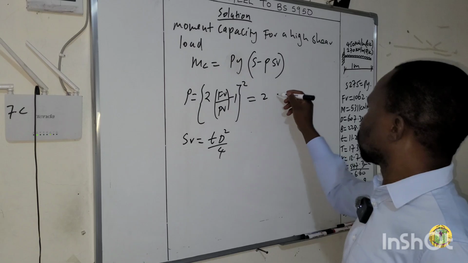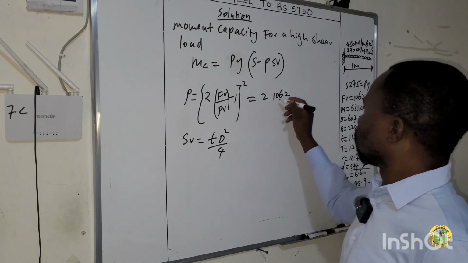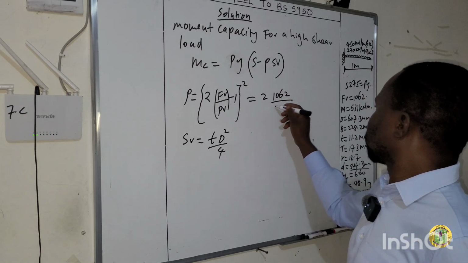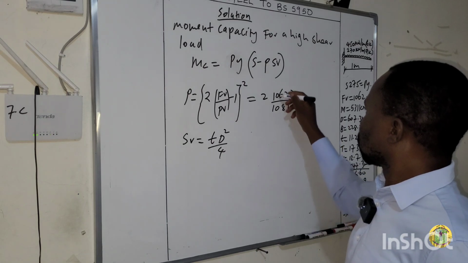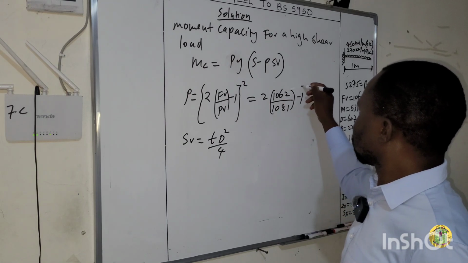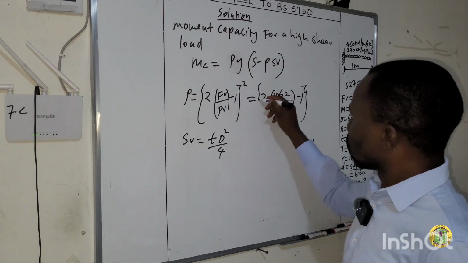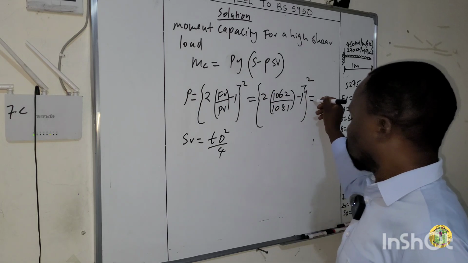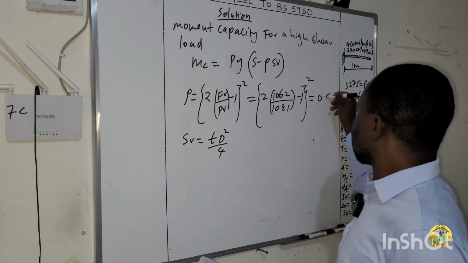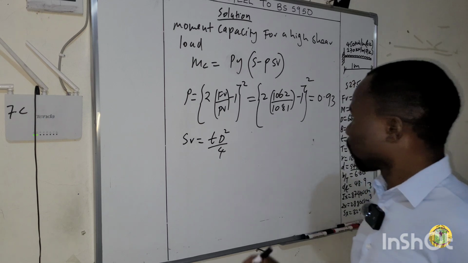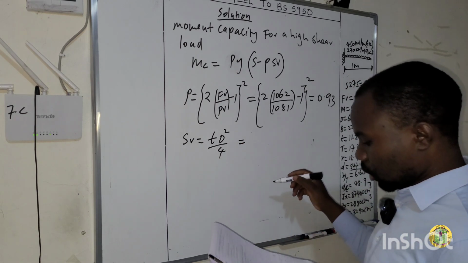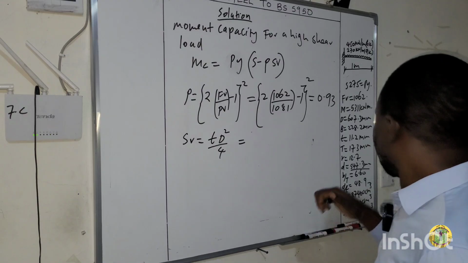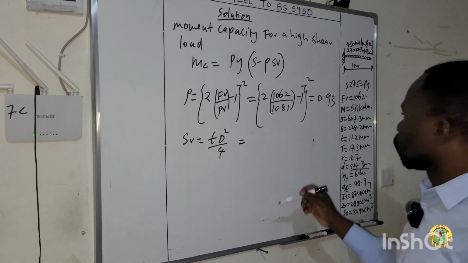FV is 1062 over PV is 1081 minus 1 square. You will get 0.93. And this one, small t is, no, small t is 11.2.